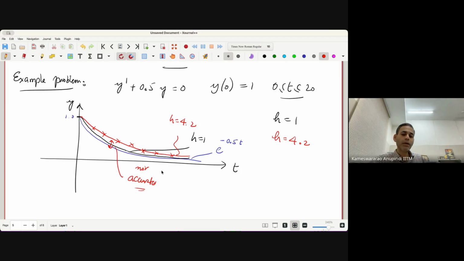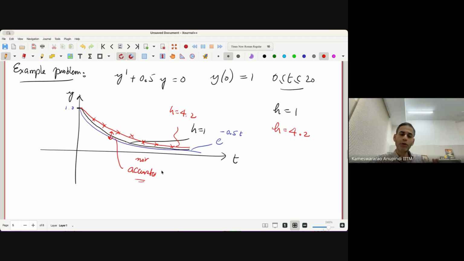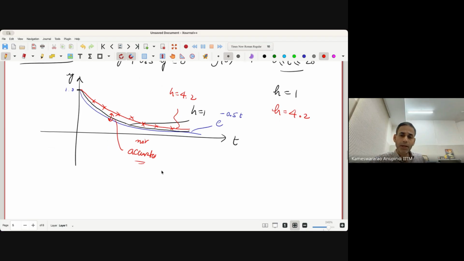So from the stability point of view, we want to take as large a delta t as possible, right? Because it is unconditionally stable. From the stability viewpoint, we would like to take delta t as large as possible.